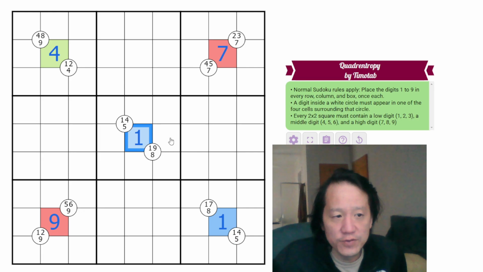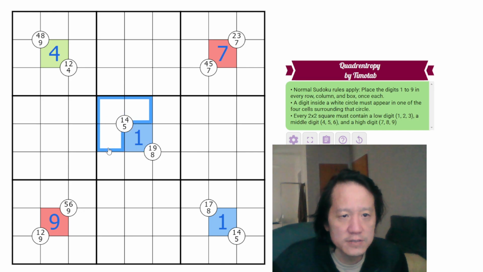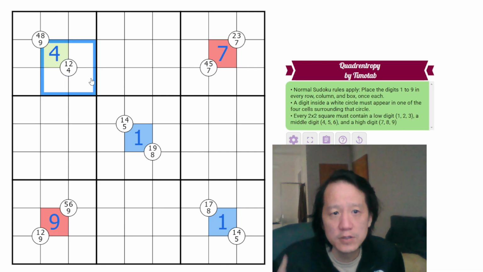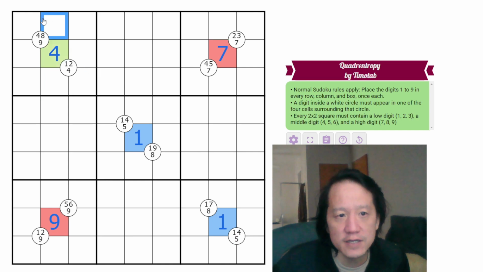Now the thing is, for this, what we know is that there are going to be 2 lows here because it's 1 and 2, and in this 2x2 we also need a high. We know it has to be a 7, because 8 and 9 have to be in these 3 cells because of the quad circle rule.